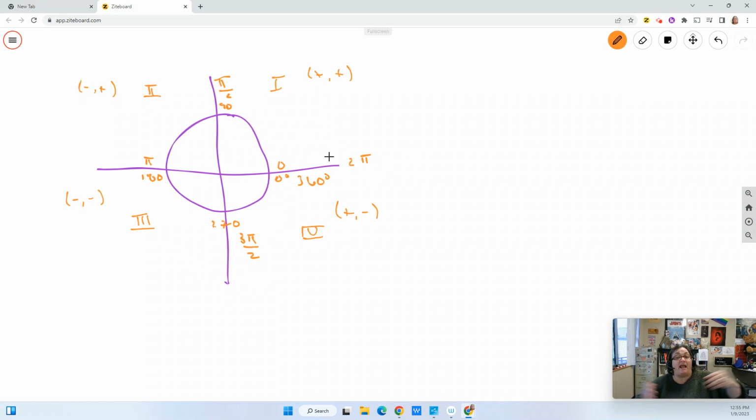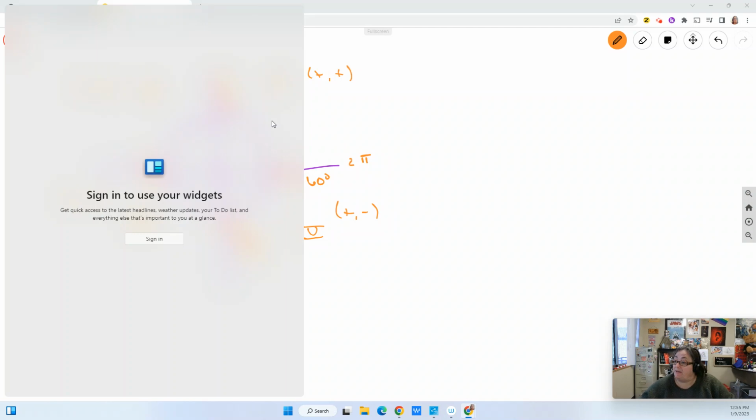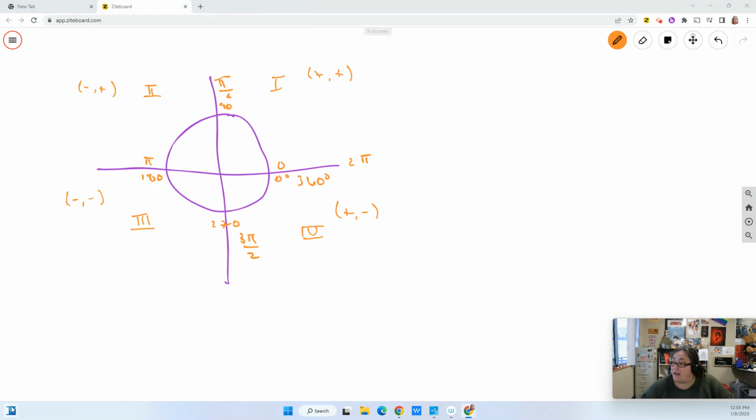So any angle measure from 0 to 90 degrees is going to fall in this section, right? We know that every angle measure from 90 to 180 is going to fall in quadrant 2. And we know that every degree from 180 to 270 is going to fall in quadrant 3. Does that make sense what I'm getting at?